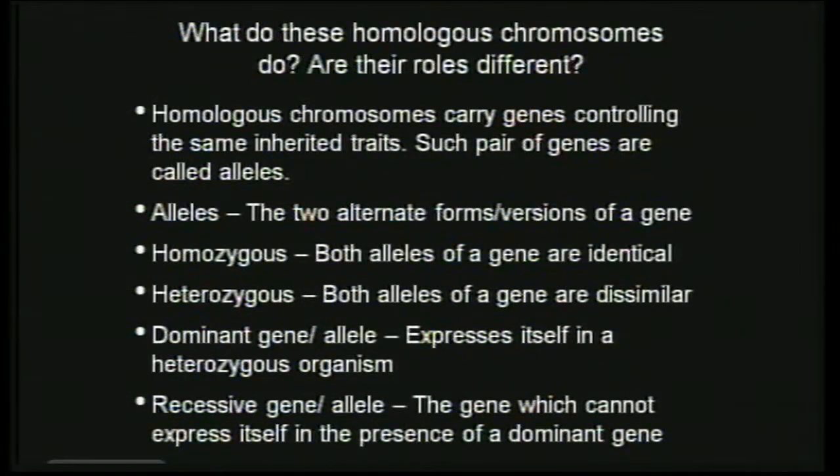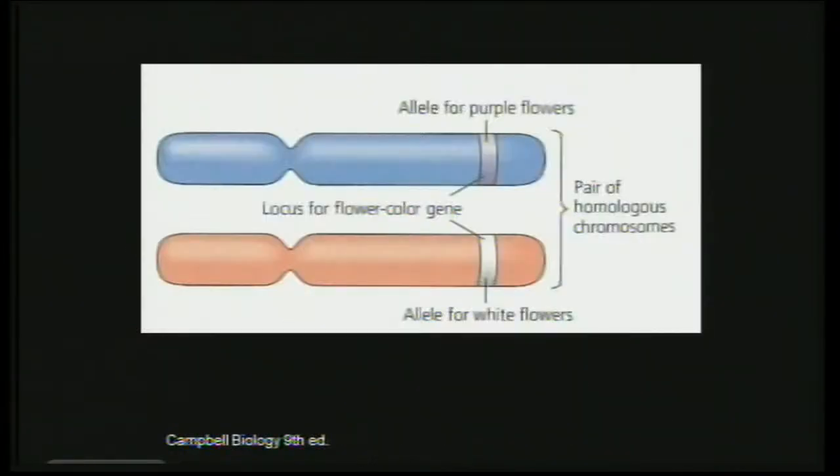So in nature, now that you have 2 types of alleles there, what will the flower look like? You have the allele for purple flower color and the allele for white flower color. So what will the individual exhibit? You cannot have both purple and white flower color. You have to have only one.